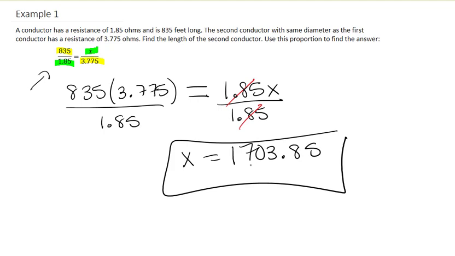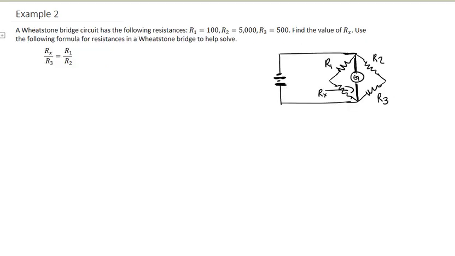Now let's look at another example. Example 2. A Wheatstone bridge circuit has the following resistance, where R1 is equal to 100, R2 is equal to 5,000, and R3 is equal to 500. Find the value of Rx. Use a formula for the resistance in a Wheatstone bridge to help solve.